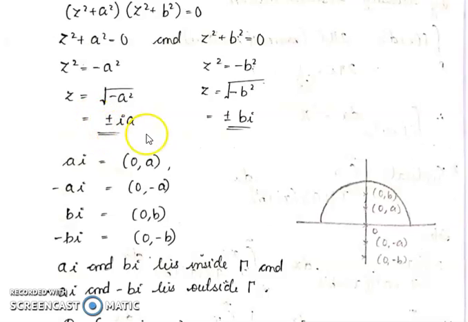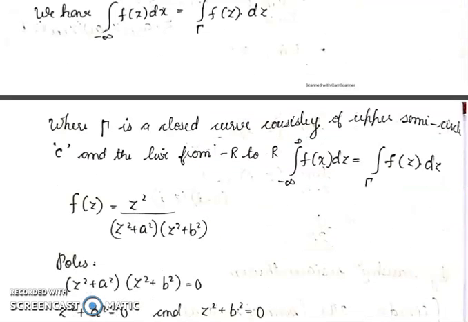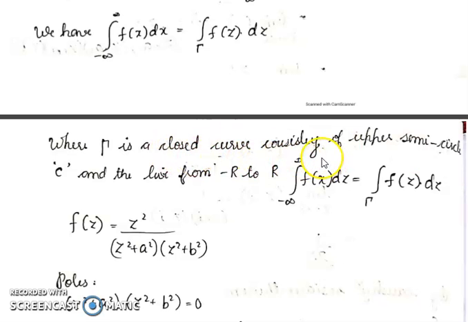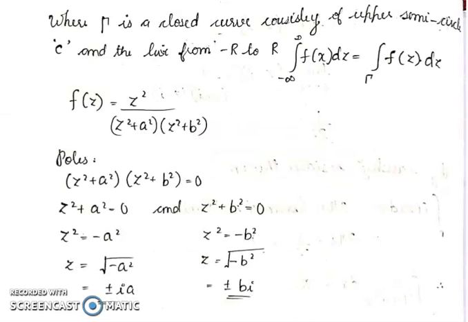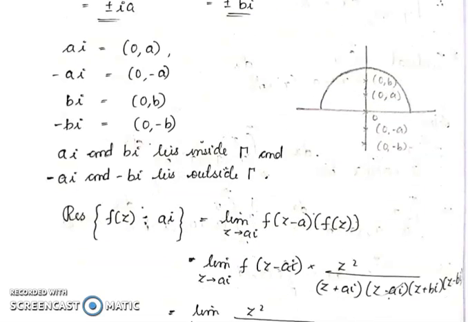Now let us verify whether these points lie inside or outside. Here you see gamma is a closed curve consisting of the upper semicircle and the line from minus r to r. So this is a semicircle and this is gamma. In the previous method the curve was a unit circle, the circle with radius 1, the f of cos theta and sin theta method.